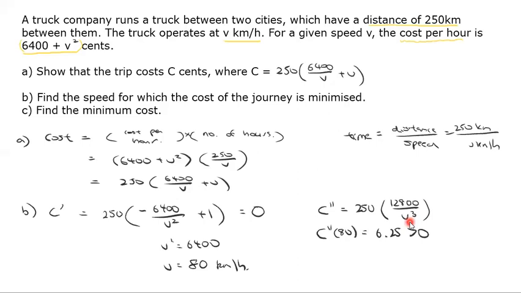But the point is, at this point, the first derivative is 0, the second derivative is positive, which means it's a maximum or a minimum. Second derivative is positive. Minimum. And therefore, we're done with B. Does it make sense? Is that clear?